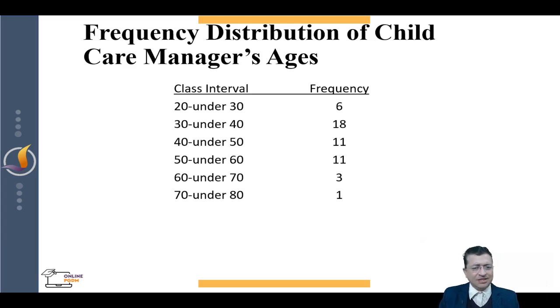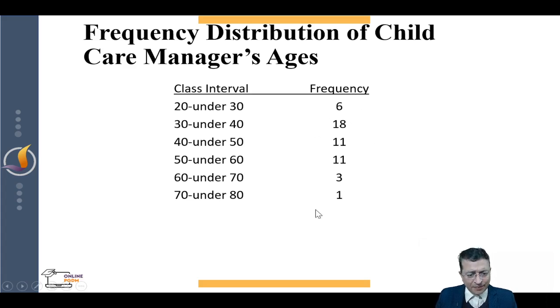For example, in the same data which we are discussing, we have made some classes: 20 to 30, 30 to 40 and so on. And then we identified how many observations are there in each class. For example, in the first class we have 6 observations and in the second class we have 18 and so on.